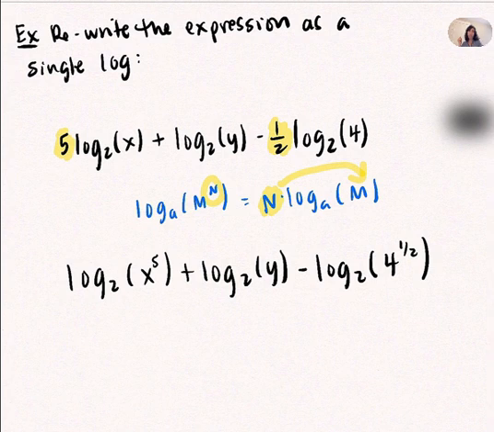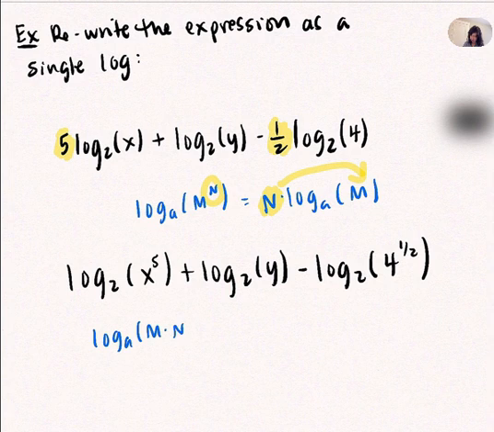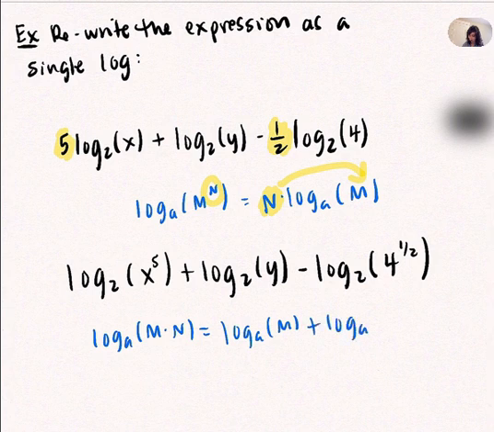Okay, where do I go from here? Well, we have another rule that says that if you have log base a of m times n, that's the same as log base a of m plus log base a of n. Notice that we have two logs here that are being added.